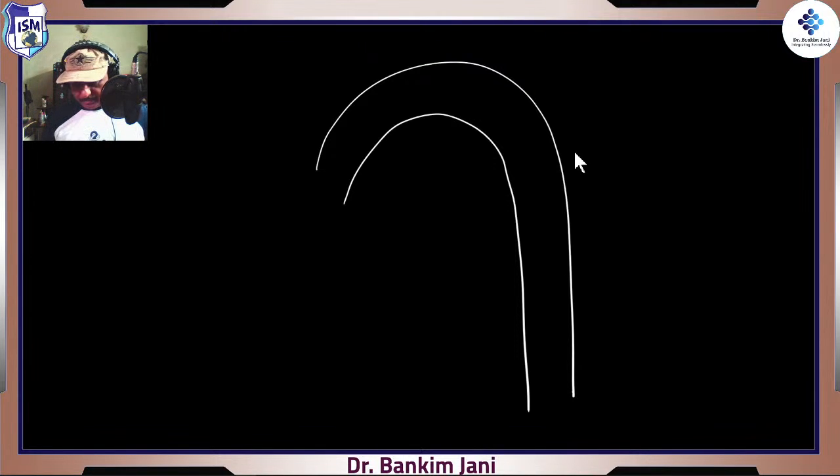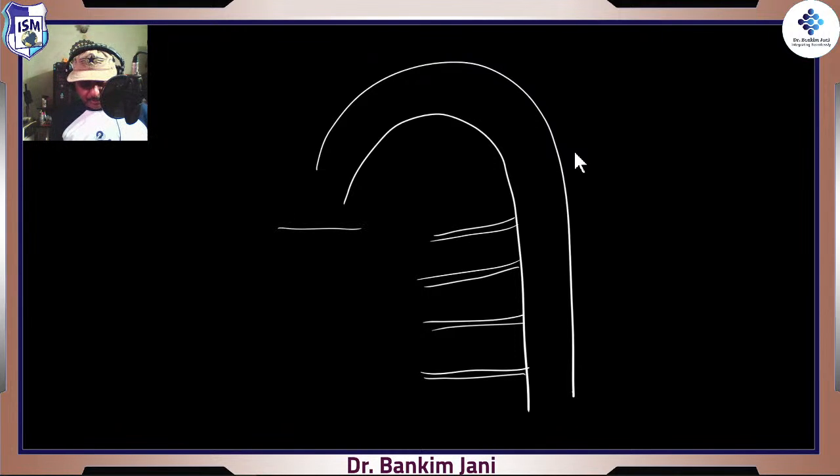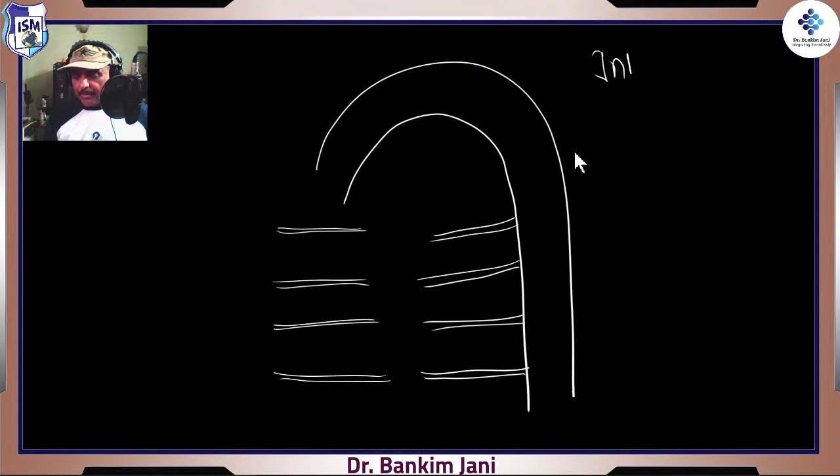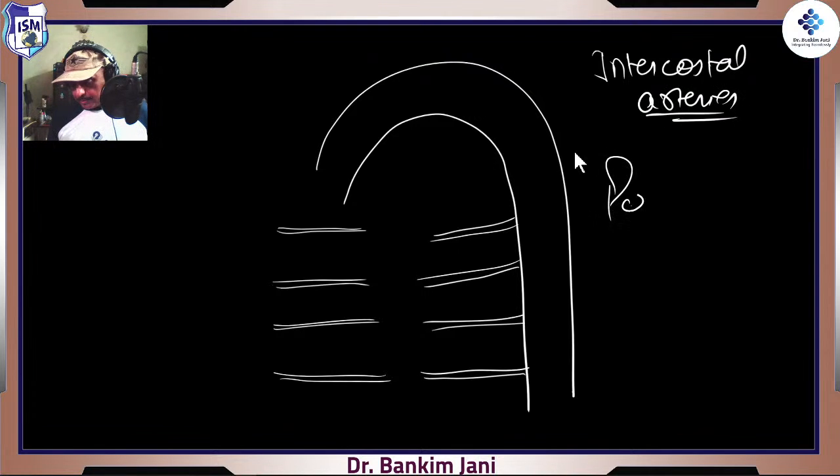And in the thorax, you have intercostal arteries. On the posterior side, these intercostal arteries come directly from the descending aorta. This is the descending aorta.